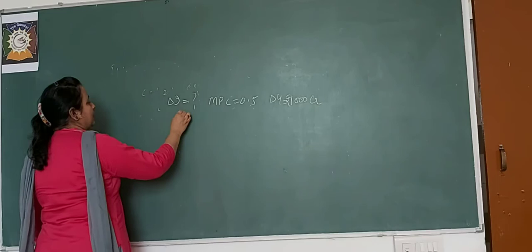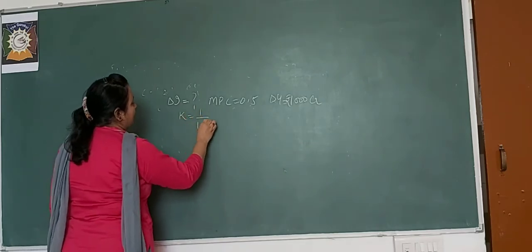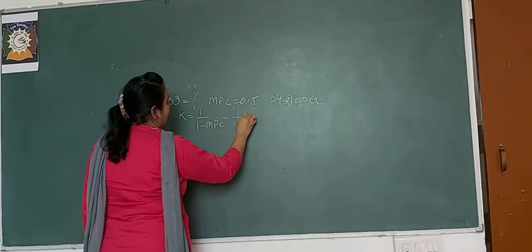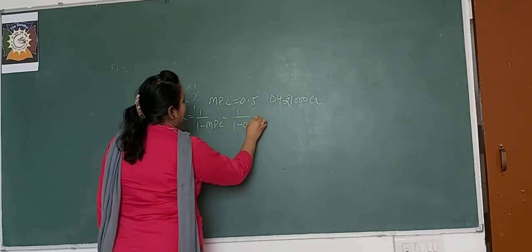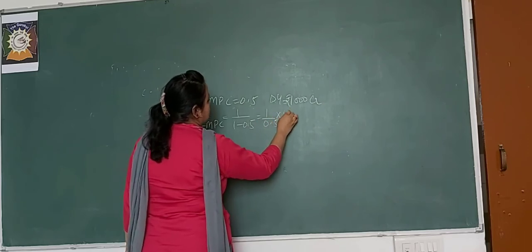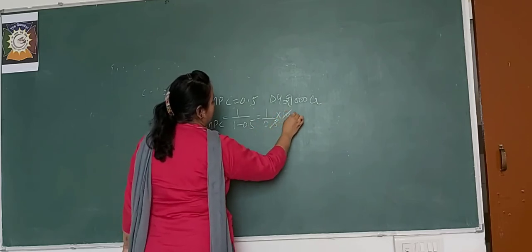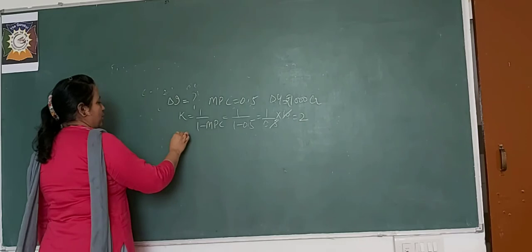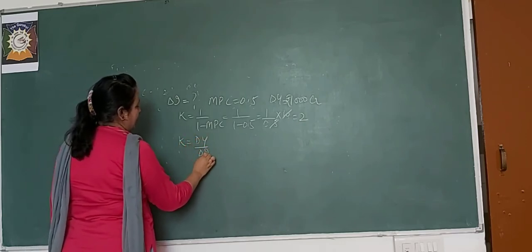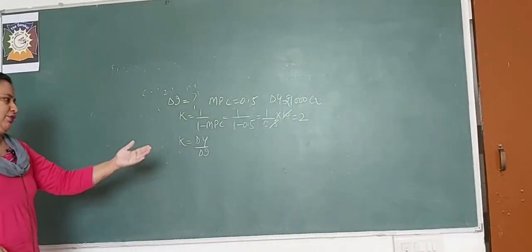So let us start. K is equal to 1 upon 1 minus MPC. 1 minus MPC, it means 1 minus 0.5 is 0.5, so I will get 2. So K is equal to delta Y upon delta I. The value of K is 2.